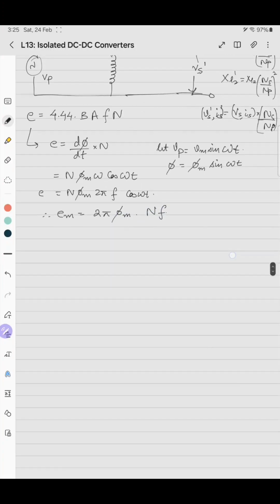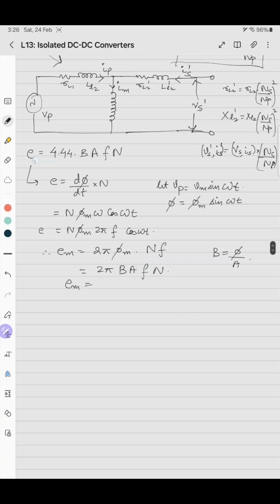But you know that the flux density is flux per area. So you can write this as 2 pi into B into A into f into n. This is Em and this is E RMS.